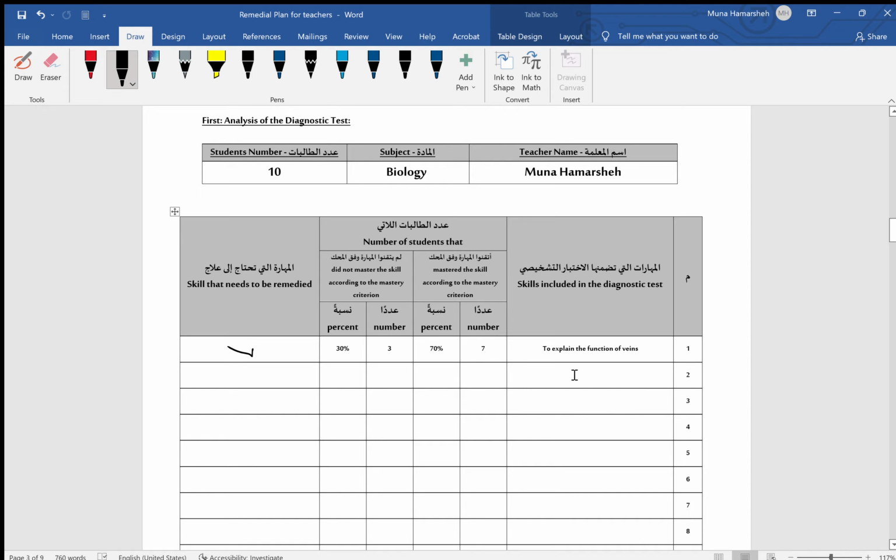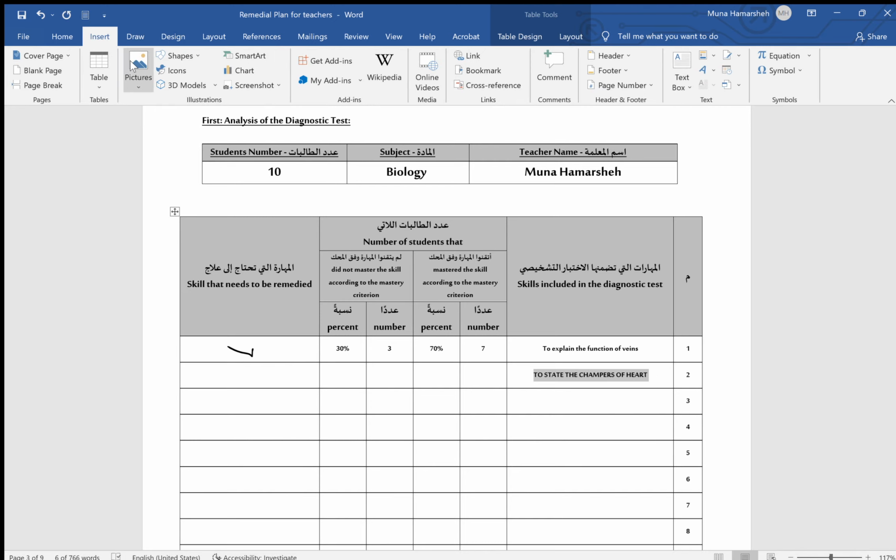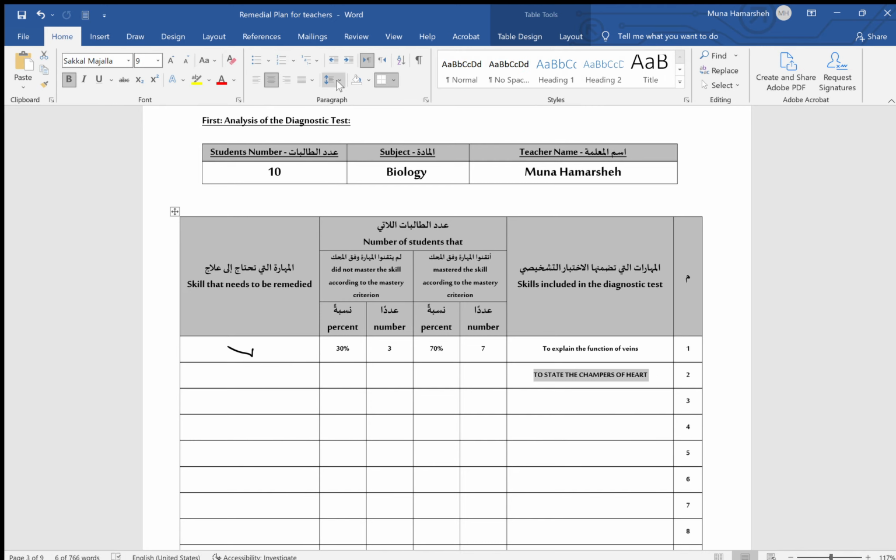While the second question was about, for example, let's say, to state the chambers of the heart. Okay, to state the chambers of the heart, and in that case, the number of students who mastered it were 10.